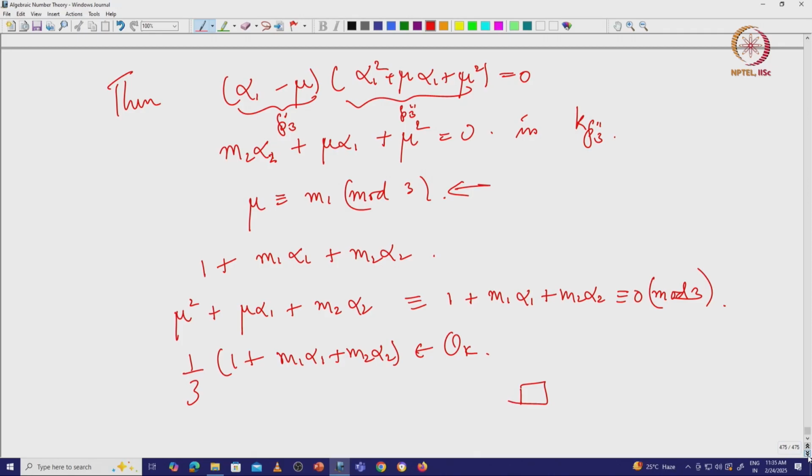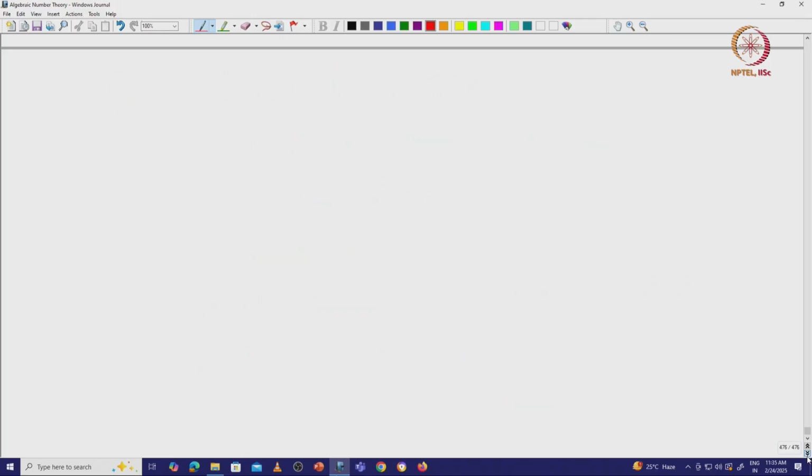So, if you take mod, the residue degree of P3 prime is 1, and so you get that mu is congruent to m1 mod 3, right. Okay. So, putting all these things together, we get that 1 by 3, 1 plus m1 alpha 1 plus m2 alpha 2 is in OK, which is what we wanted to prove.